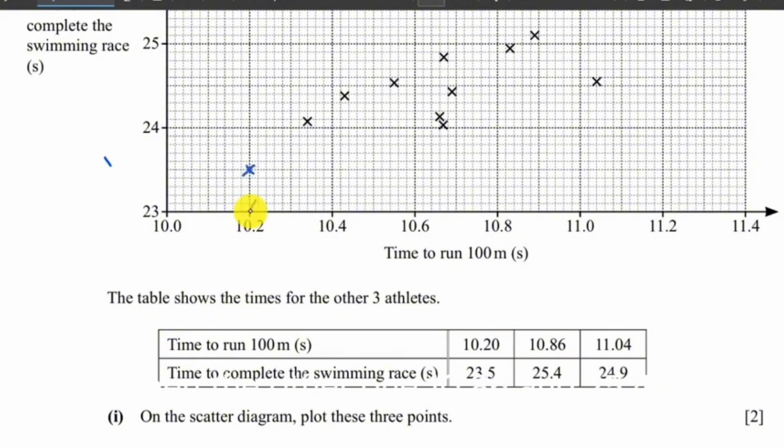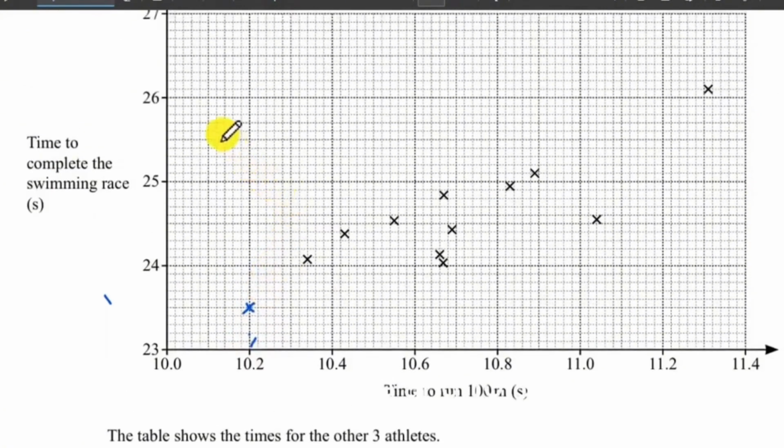Then the other one, 10.86 and 25.4. So 10.8, then 1, 2, 3, 4, 5, 6 on this line, and 25.4. So let's look for 25.4. 25.4 is on this line, and 10.86 is here. So I'm going to mark this point.